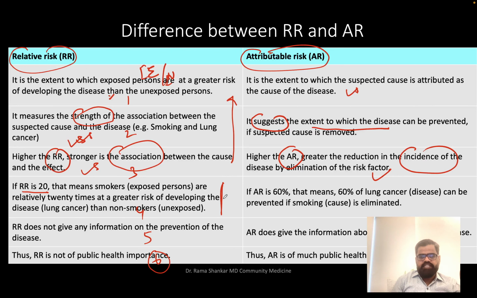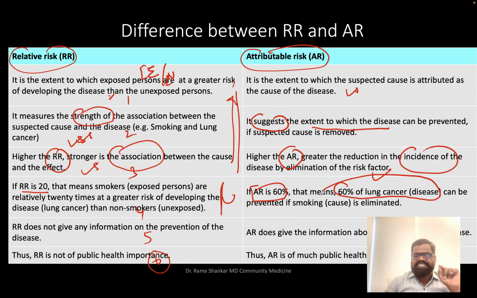So by this simple example, you understand these 3 points also. Let's take attributable risk 60%. It means what? If you remove smoking as a risk factor, you will reduce lung cancer by 60%. So that is attribution. You are attributing cigarette smoking as a cause of lung cancer by 60%. So you remove smoking, you will reduce lung cancer by 60%.